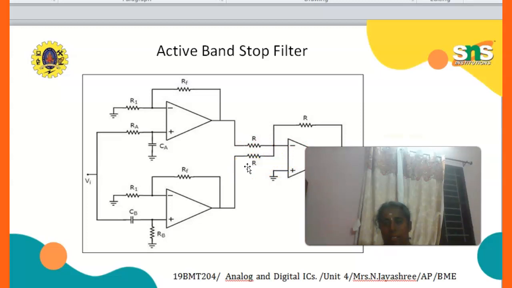Okay, this is the circuit of this active band stop filter. This resistance R is connected to the input of the other op-amp, which is the inverting terminal. Okay, thus it produces the output.